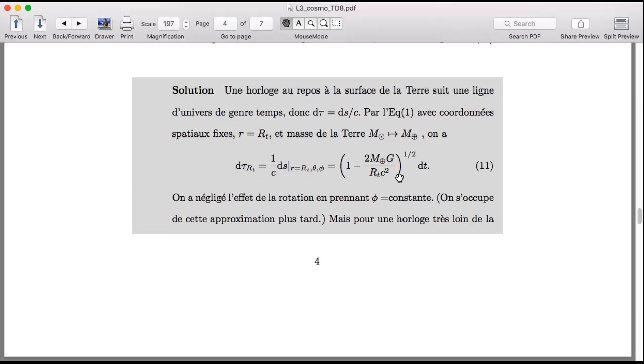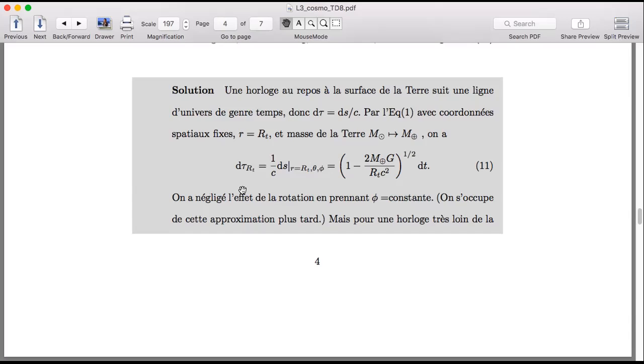So we have this relationship between proper time by a clock on the surface of the Earth and the coordinate time of an approximately Schwarzschild space-time around the Earth. So this is the same expression we used in the class when we were understanding and analyzing the Italian Alps cesium clock experiment.